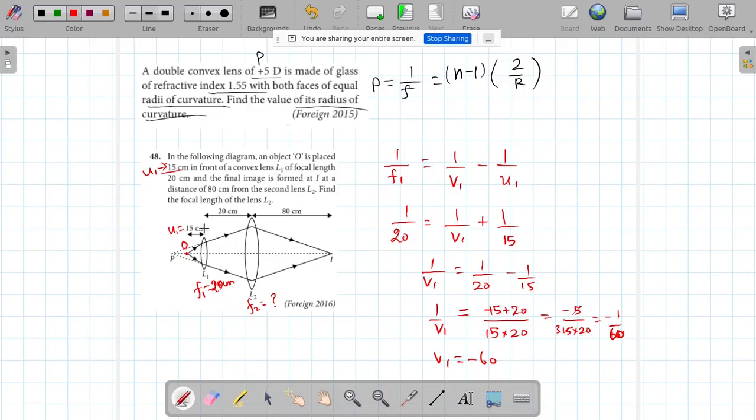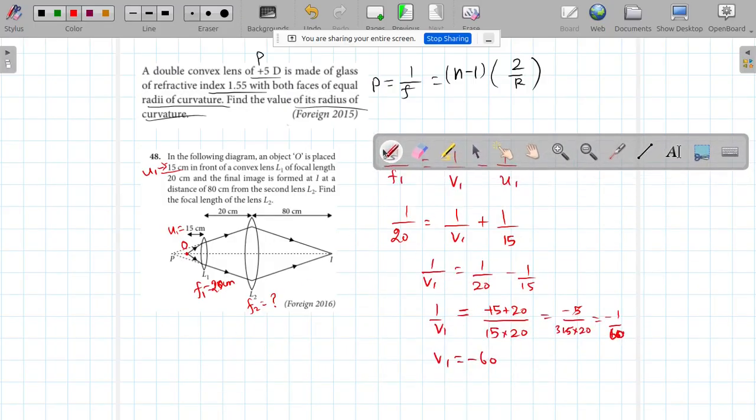Now the image is acting as an object for the lens L2. Now we will directly insert the values given. Instead of checking the exact diagram, we come to the conclusion that v is minus 60 centimeter.